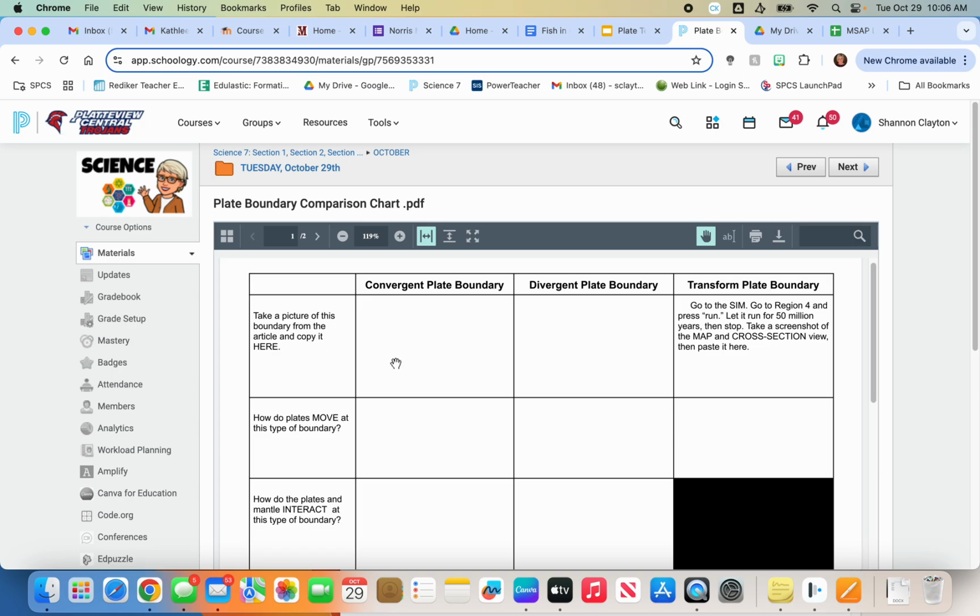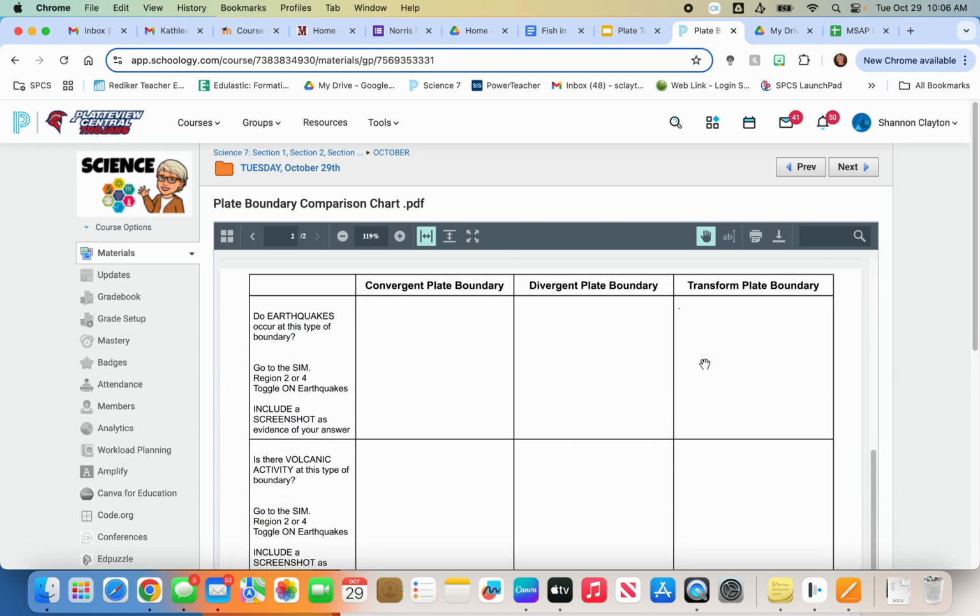I do not have paper copies of this, so take a picture of the diagram and put it in. When you get to the transform plate boundary, the article didn't mention anything about transform plate boundaries, so follow the instruction here and put that picture on top of the words so that it's right there in the box. You're going to work through this whole thing.